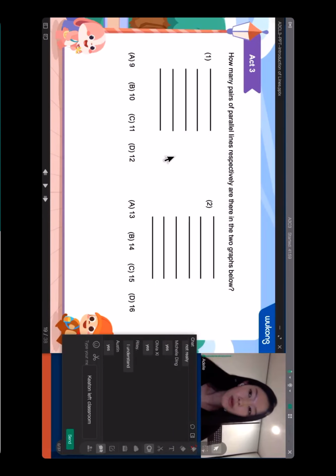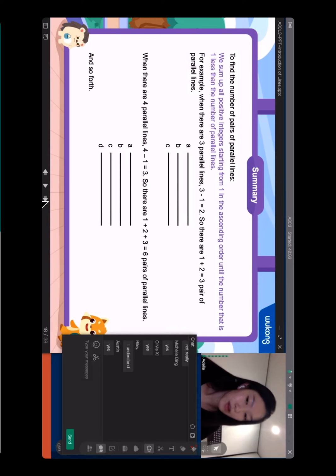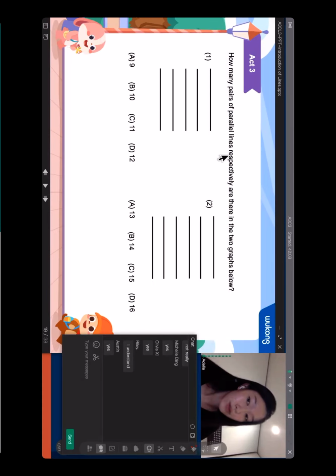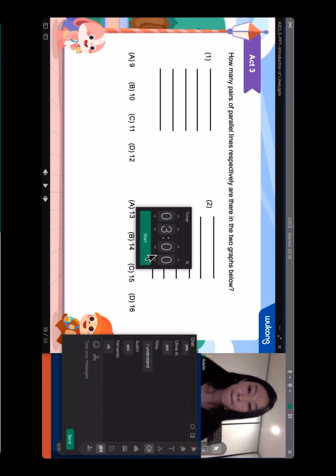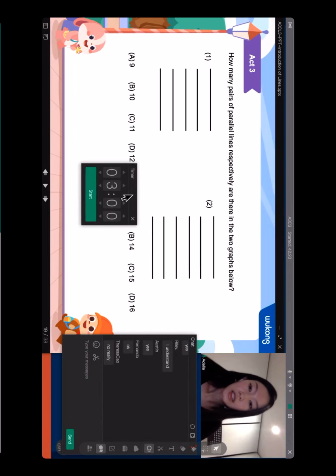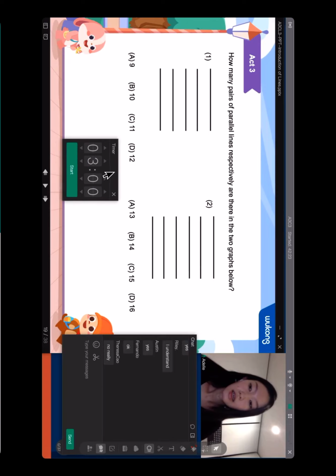Fernando, what do you say that we go to a question here first? Because we just explained it with the example here, so I think it would help if we do a question together, and I'll explain it using the question. Okay, so I'll give you guys 2 minutes for each question. We're going to start with question 1 first, okay?